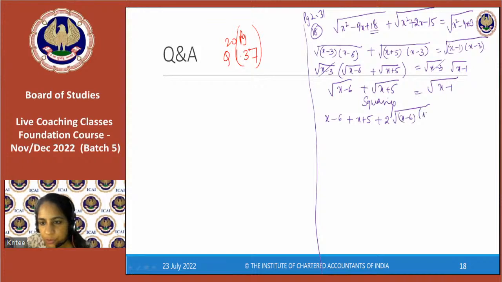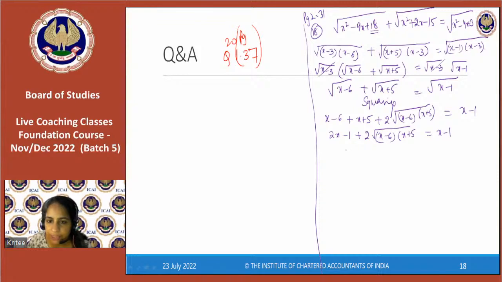I would suggest you not to open the bracket, keep it as it is, equal to this square. So we get 2x minus 1 plus 2 under root of x minus 6 into x plus 5 equal to x minus 1. Take all the other factors to the other side, keeping the root factor only on one side.